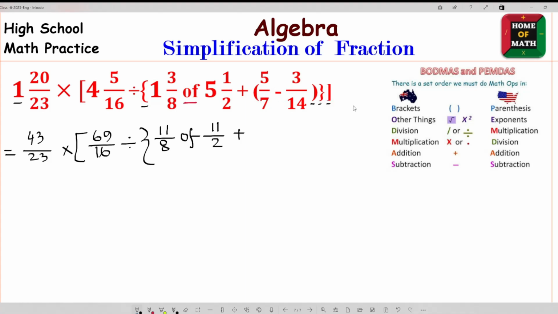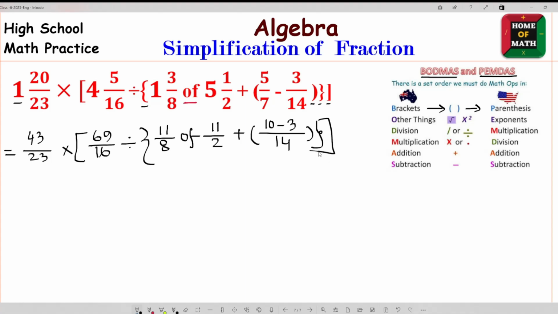here everything is a normal fraction and we have to do the first bracket work, because as per BIDMAS or PEMDAS we have to finish bracket work first, and obviously the first bracket first. So here the LCM is 14, so here is 10 and here is 3, right?